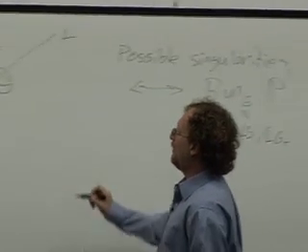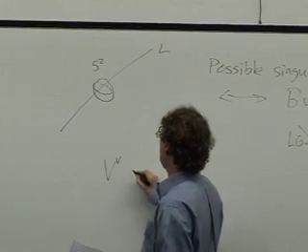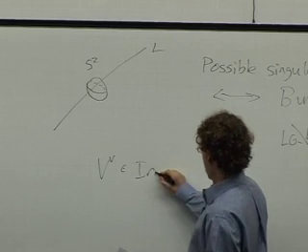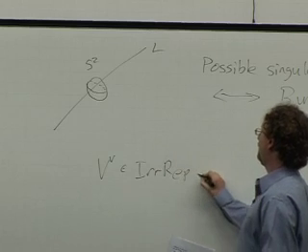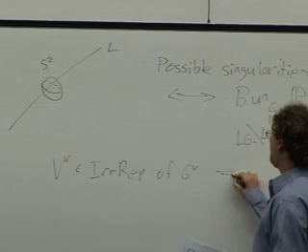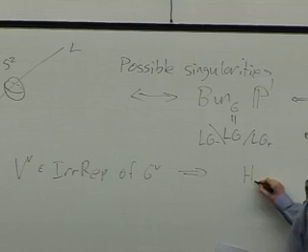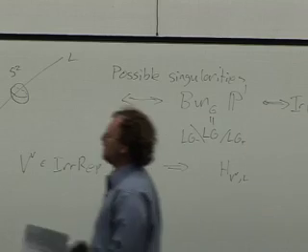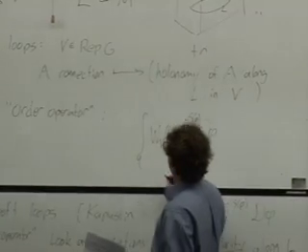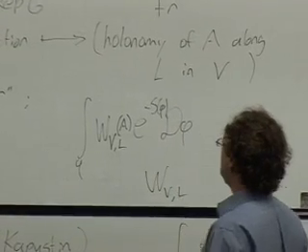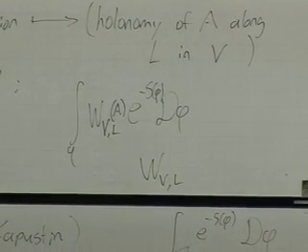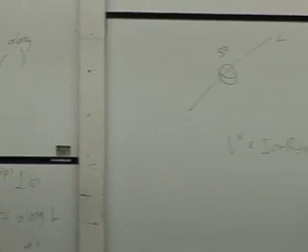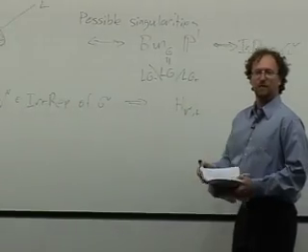So for every irreducible representation V check of the dual group, we get an operator, the 't Hooft operator, labeled by V check and corresponding to the line L. I should call this W_V,L. So there's an operator W_V,L associated to a representation of G and a line, and there's a similar operator in the same gauge theory, but now labeled by representations of the dual group.